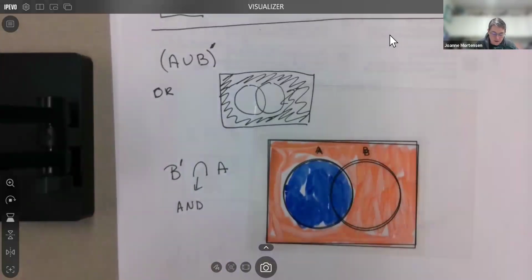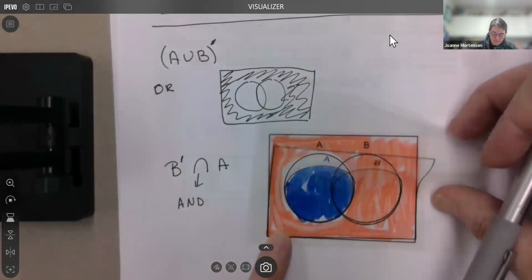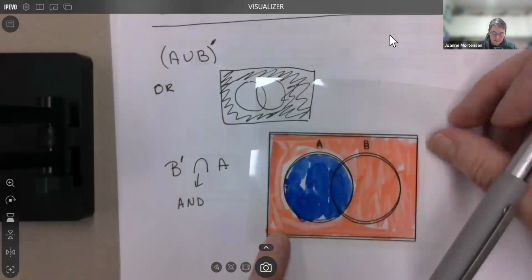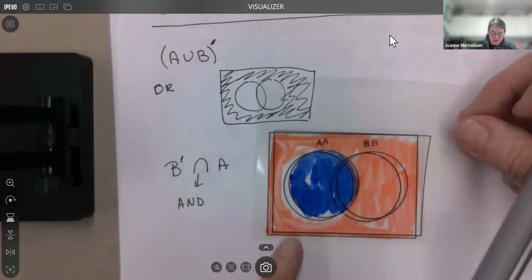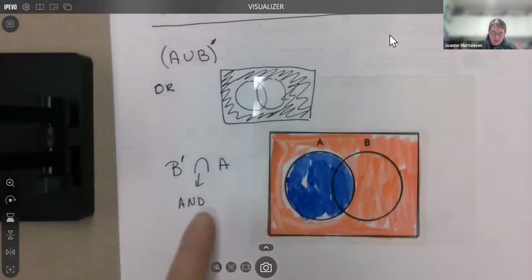So I want the intersection of B prime and A. I might be having a brain fart right now because I'm looking for stuff that is orange and blue at the same time.